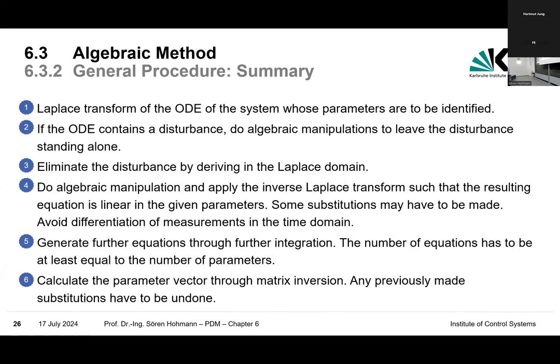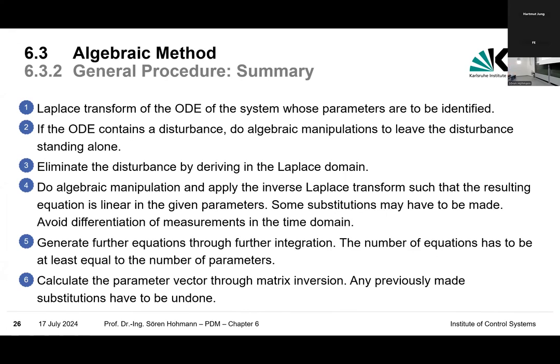This integral setting is helpful because we then do not have to take derivatives of measured signals, which pose problems in practice if these signals are distorted by noise. At the very end, we have this single equation, and then we want to get the information for the parameters.